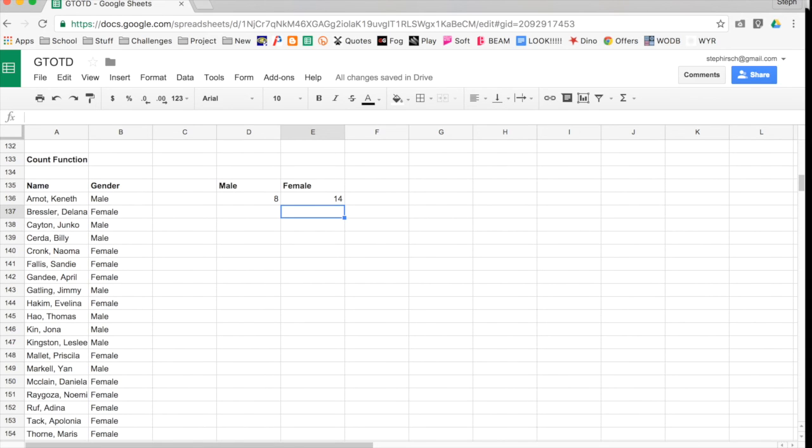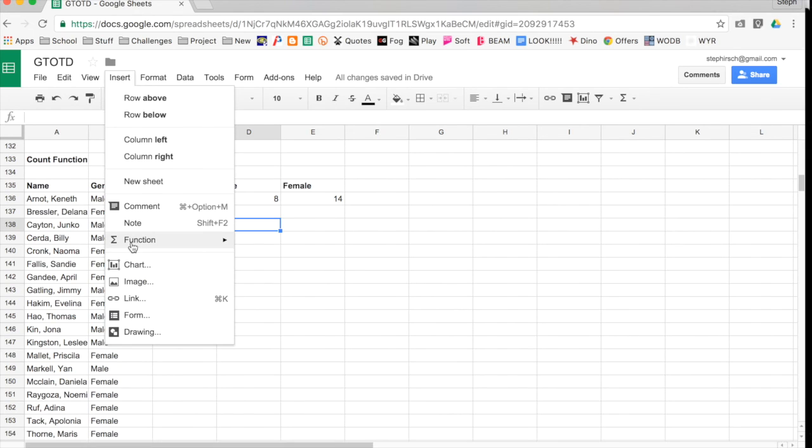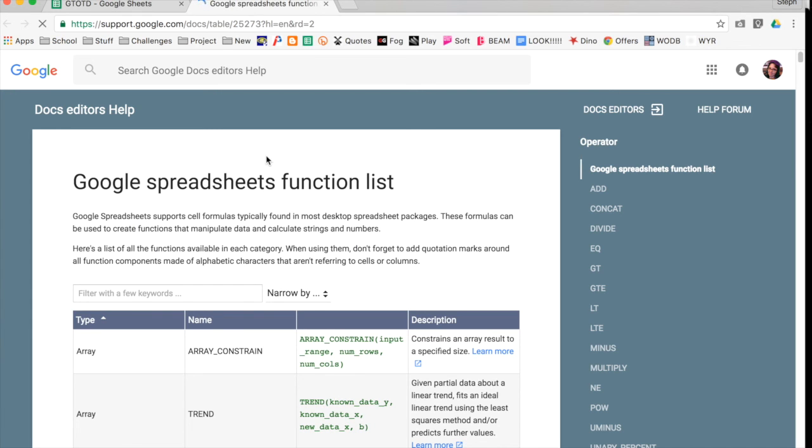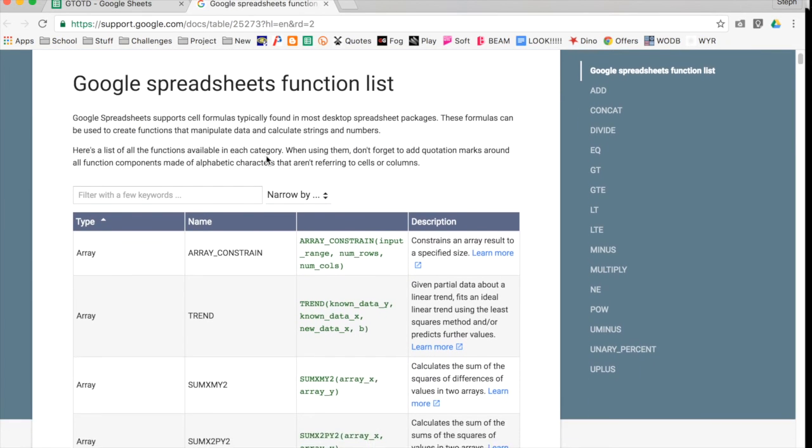So now you have a pretty good set of things to get you started, and it's a good idea to play around and see what kind of functions are out there. If you want to see, you can go to Insert Function and then More. That is going to open up a new tab, and it's going to give you all of the functions that you could possibly use.